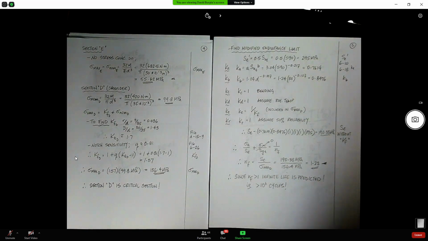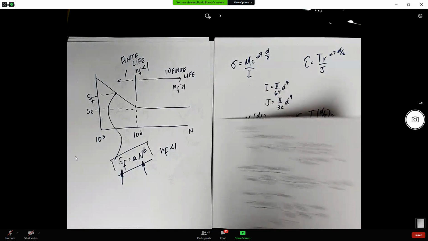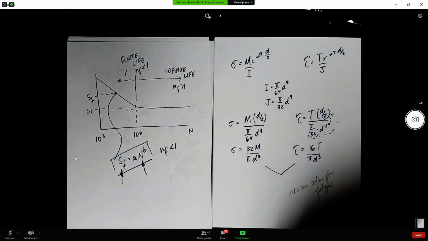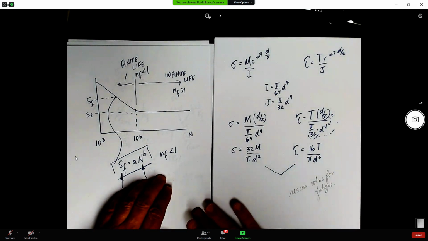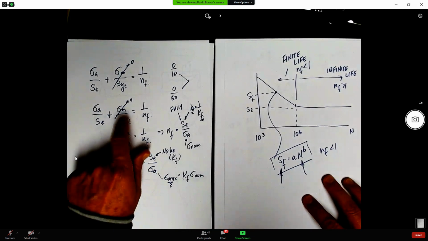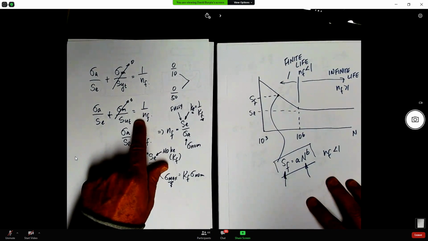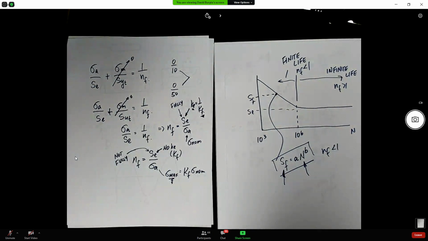The first part is the horizontal stress of A over S_e, plus the horizontal stress M over the stress M over this thing here. I'm still confused on how it's zero here. Is the zero from no stress concentration from one of the parts? No, no.